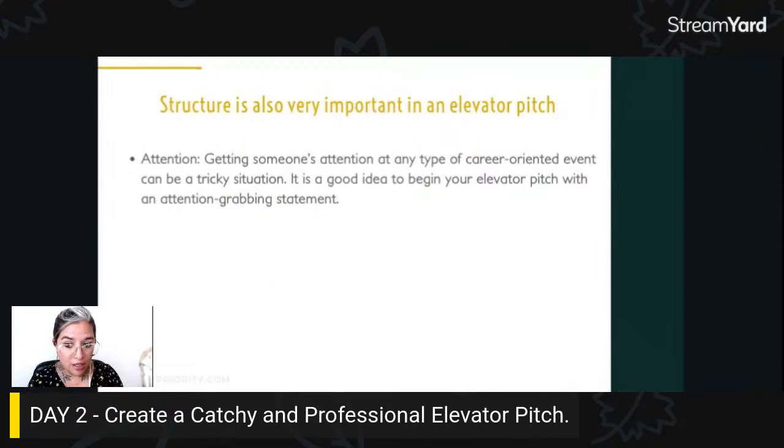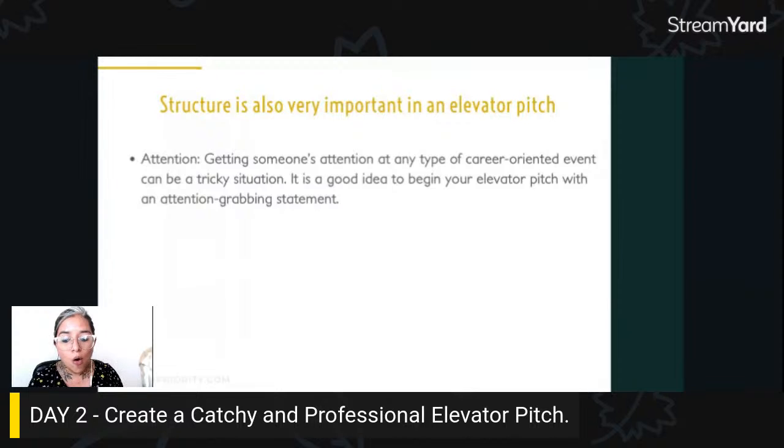Now, attention. Getting someone's attention at any type of career-oriented event can be a tricky situation. It is a good idea to begin your elevator pitch with an attention-grabbing statement. You can be in any kind of situation, and how to start that conversation, how to call the other person's attention is what's going to make the difference.